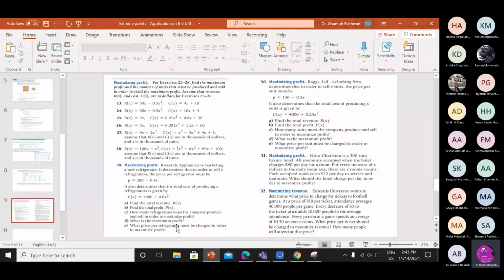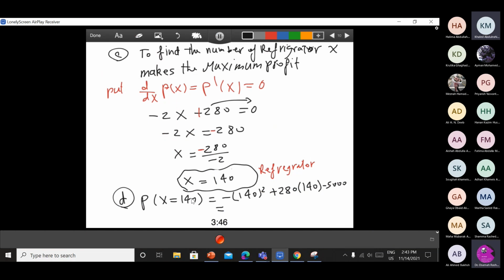So it will be minus 140 squared plus 280 times 140, which is X, minus 5,000. So what is the value? When you substitute in the profit X equal to 140, I have minus X squared, so X is 140, plus 280X, X is 140, minus 5,000.